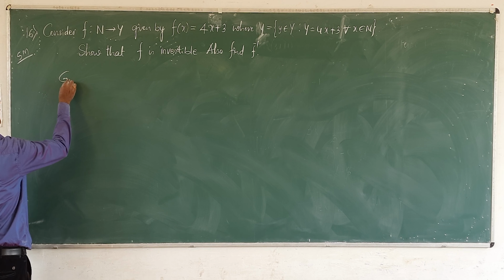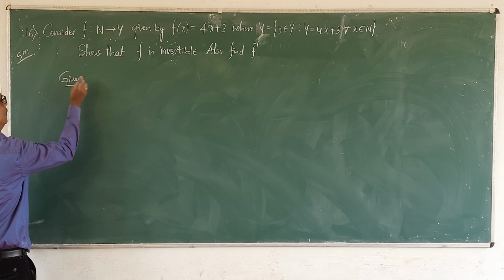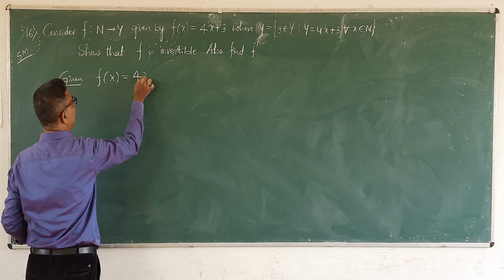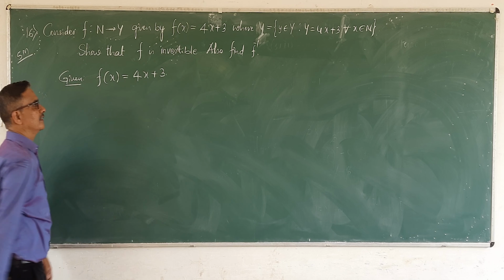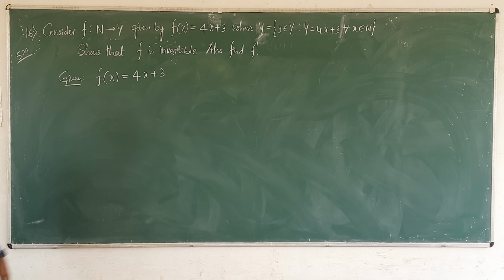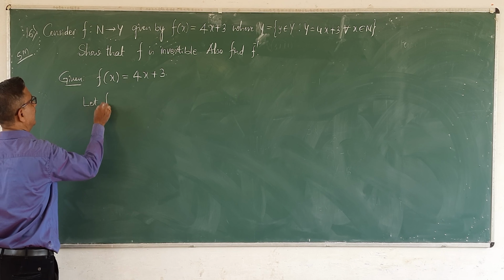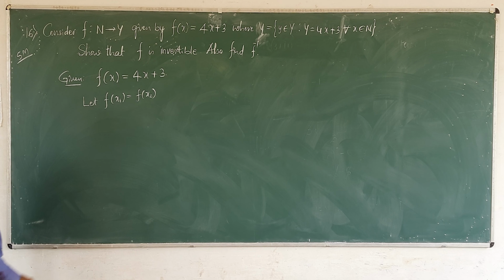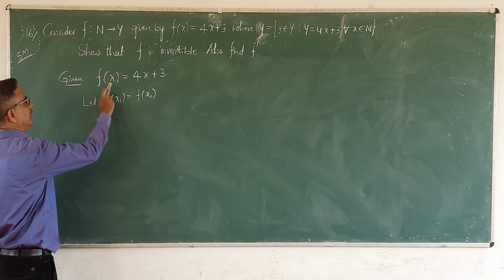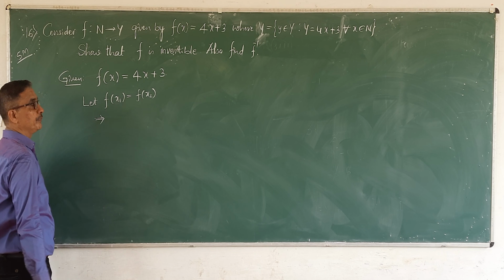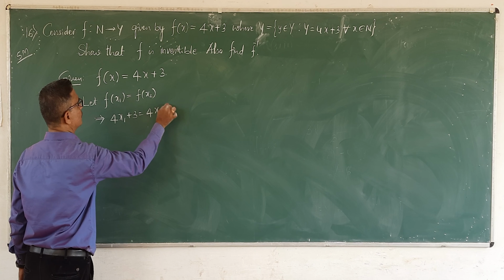Now given data, again it is invertible, so to prove it, two conditions must be satisfied, namely 1-1 as well as onto. Given f of x equal to 4x plus 3. It is a linear function. Now to prove 1-1, take f of x1 is equal to f of x2 to prove that x1 is equal to x2. This implies f of x value 4x plus 3. Replace x by x1, so that 4x1 plus 3 is equal to 4x2 plus 3.